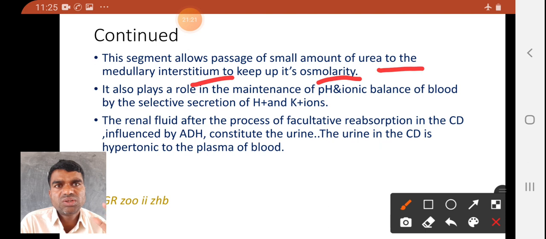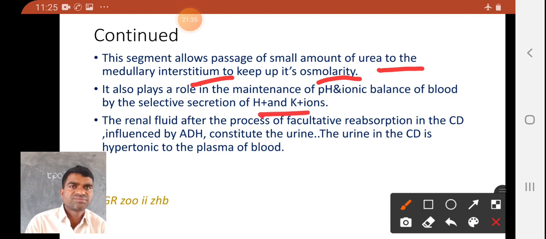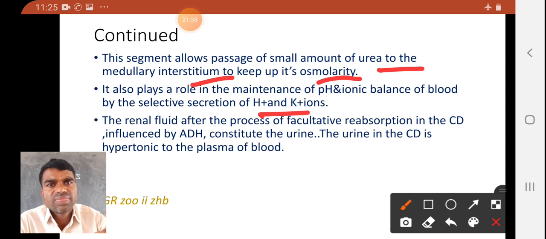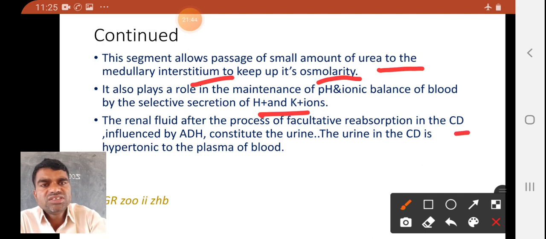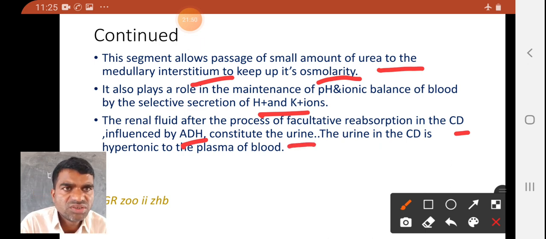It also plays a role in the maintenance of pH and ionic balance of blood by the selective secretion of H plus ions and K plus ions. And the renal fluid after the process of facultative reabsorption in the collecting duct, influenced by the ADH, antidiuretic hormone, constitutes what is called urine.